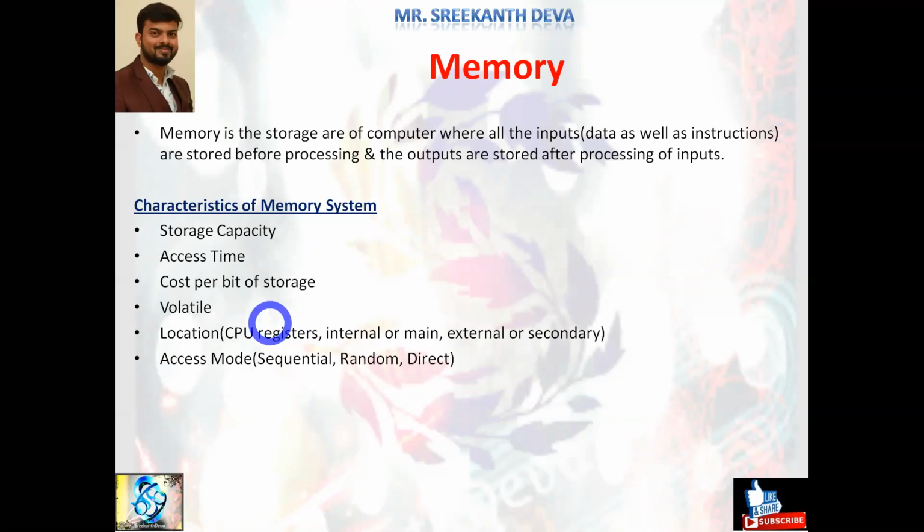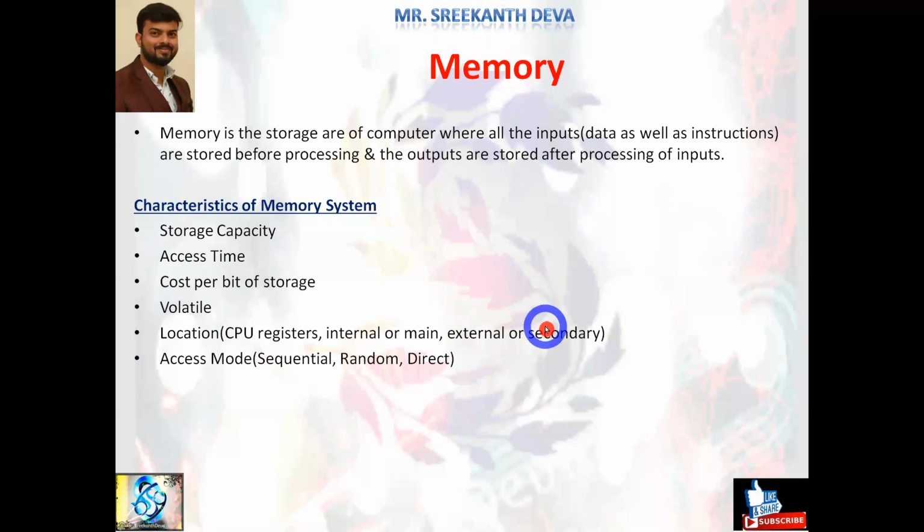Then internal or main memory, like RAM, random access memory, and ROM, read-only memory. The CPU can directly access the main memory. Simply remember, RAM behaves like main memory, the location from where the CPU accesses and processes data.